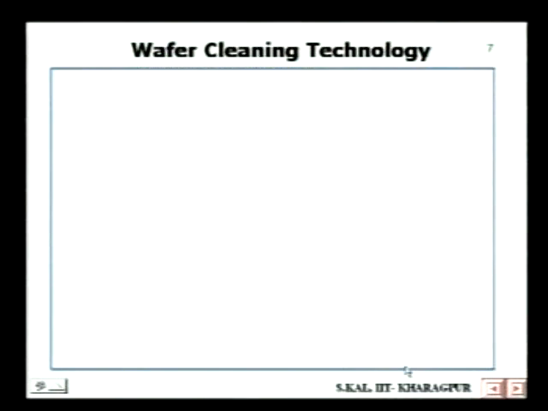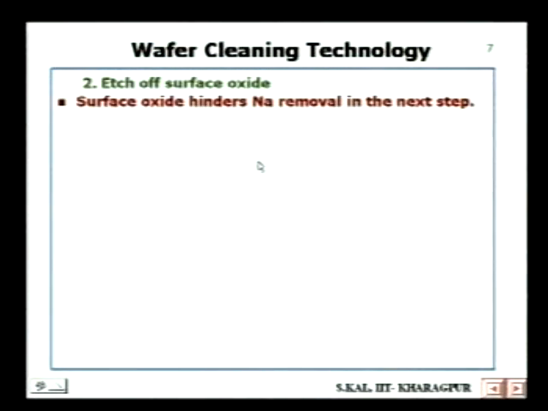That oxide has to be removed before the next step, so you have to etch off the surface oxide before going to the next step, the standard clean 2 step. Surface oxide, if present on the silicon wafer, can hinder sodium removal in the next step.